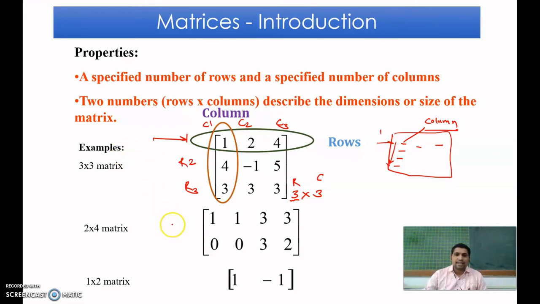Now in the second example, students, we can see there are two rows, two horizontal lines, and four vertical lines, meaning the elements are arranged in four vertical lines.